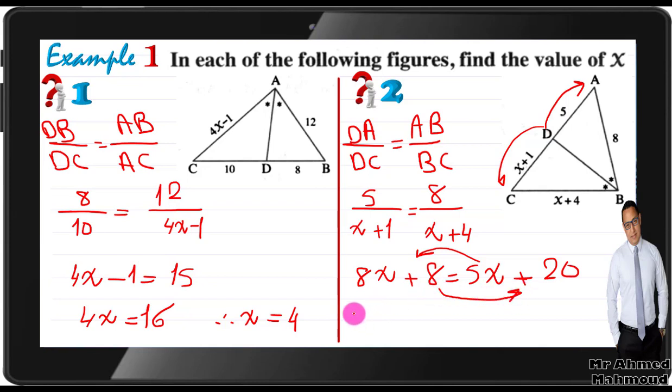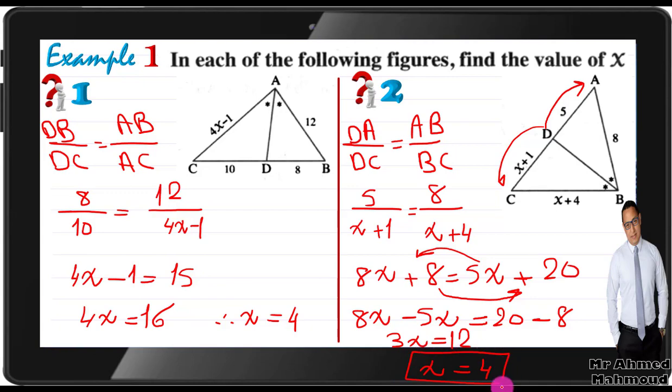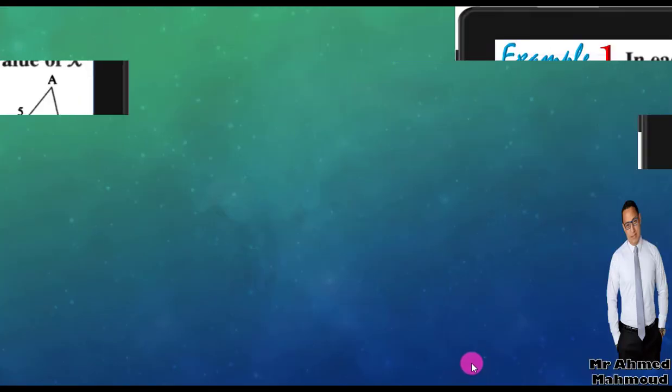So 8x minus 5x equals 20 minus 8. So 3x equals 12. So x equals 12 divided by 3 equals 4. So x equals 4.